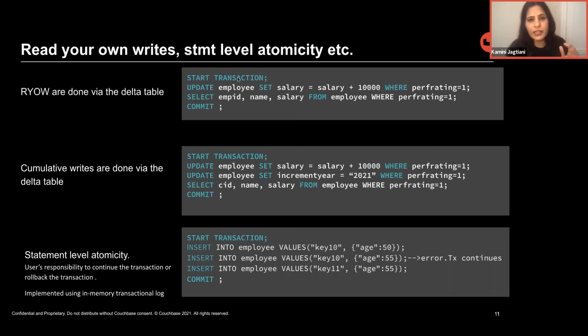So the start transaction will return a transaction ID. Update employee set salary where performance rating is 1. When this statement comes to the same query node where start transaction was given, it will look at the where clause, which is perf rating equal to 1. Select the right index to serve this query, and go to the indexing.